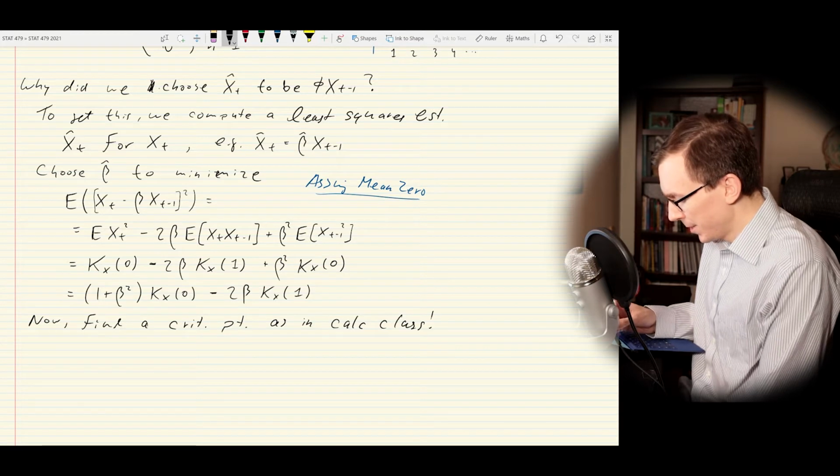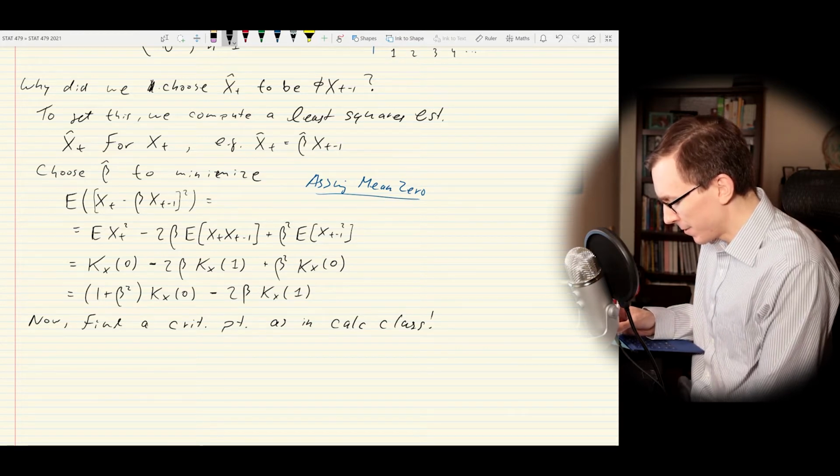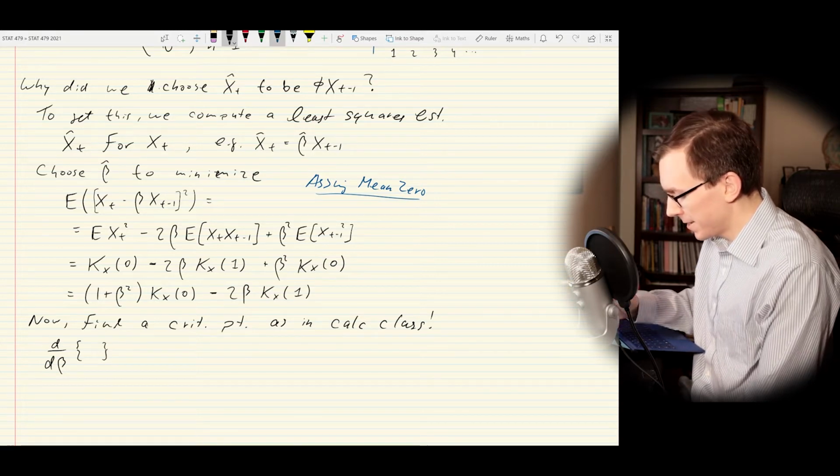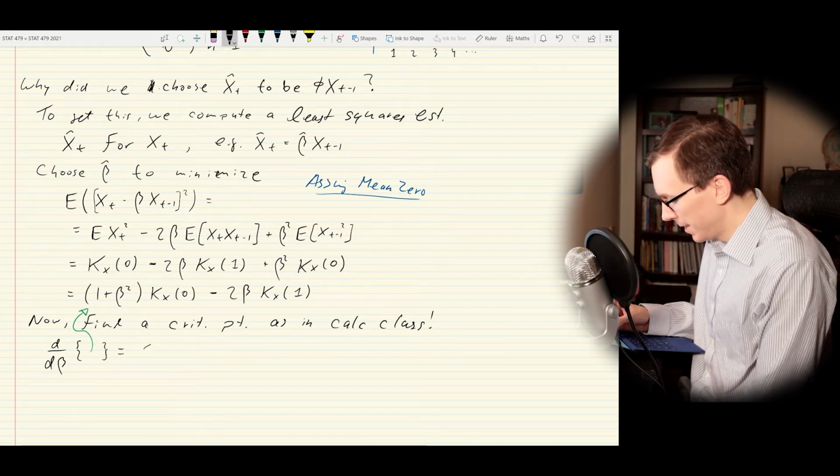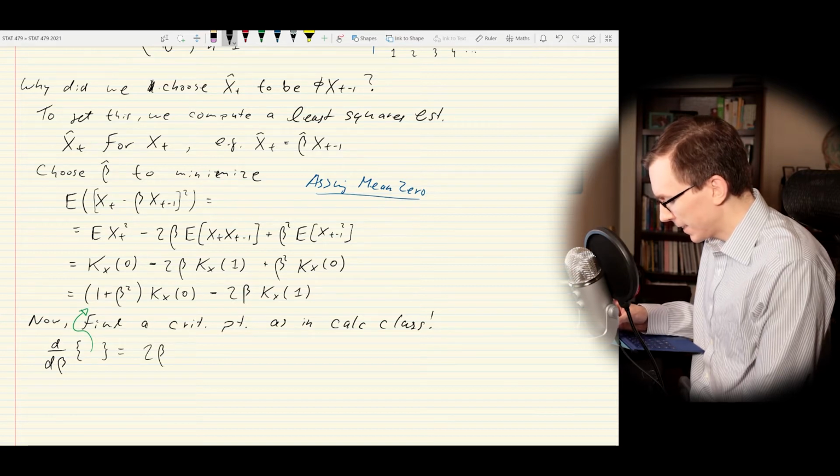What we end up with is something that looks like 2 beta kx0 minus 2 kx1.